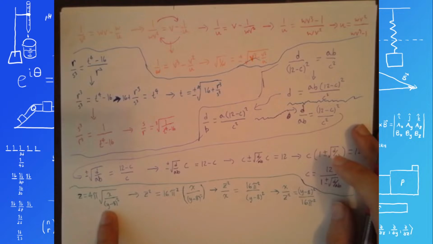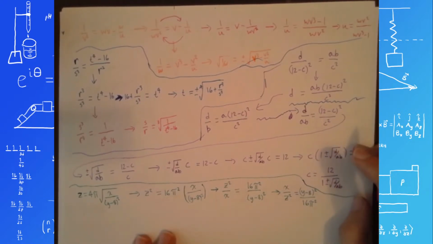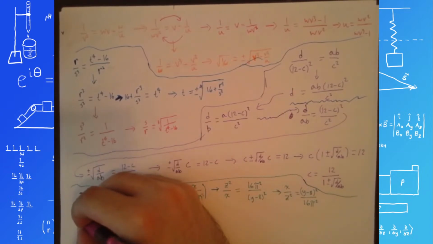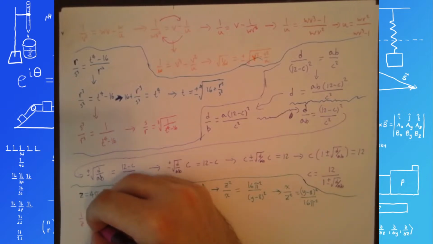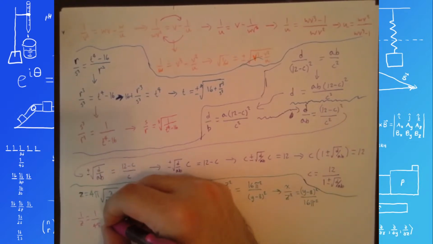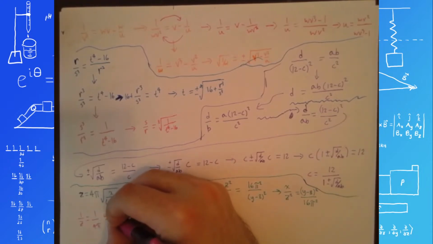But if it was only asking you to solve for y from the very beginning, then I guess you could just start from here, flip both sides, and start off with 1 over z equals 1 over 4 pi times 1 over that square root. So that just becomes square root of (y minus 8) squared, which is y minus 8, over square root of x.